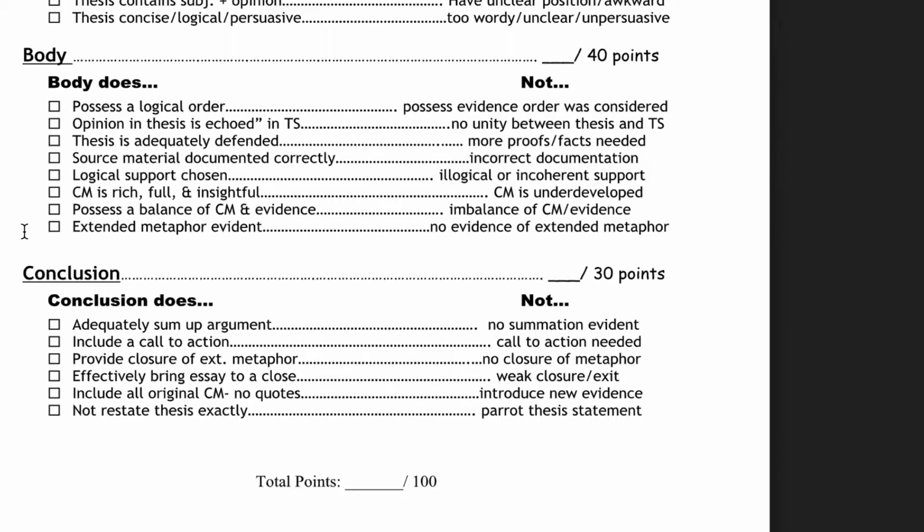Finally, that extended metaphor must continue throughout your body paragraphs. You opened that metaphor in your introduction stating that Scrooge is an iceberg. Throughout the body paragraphs, you must continue to extend that metaphor and state that with this experience, this iceberg began to melt ever so slightly.